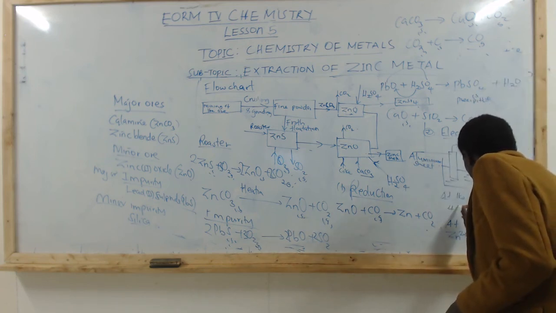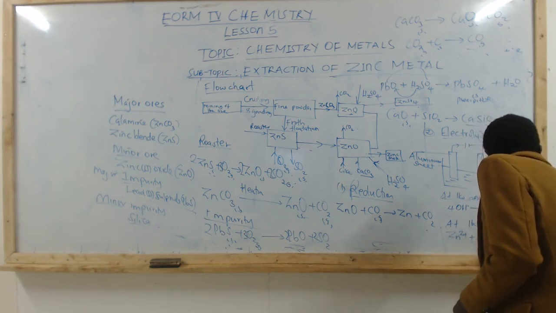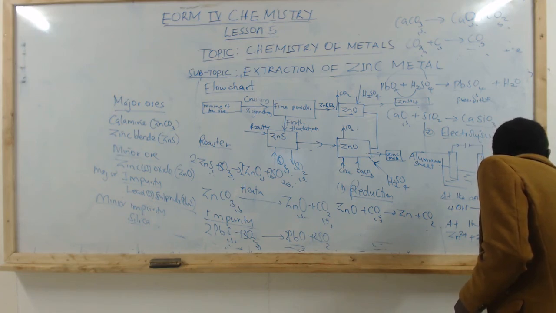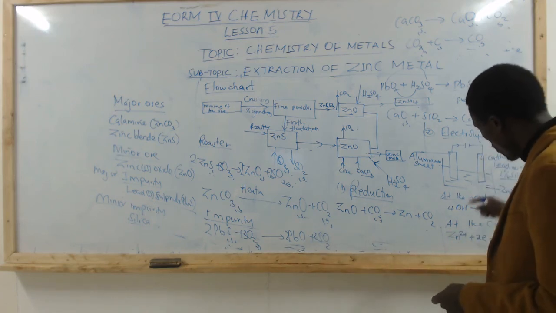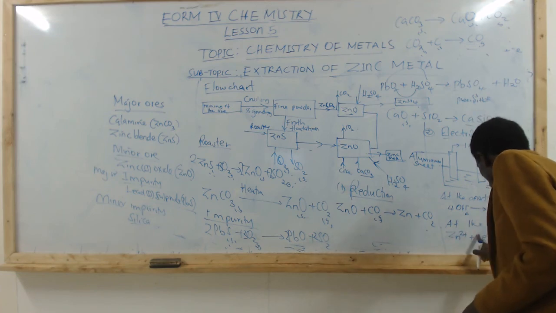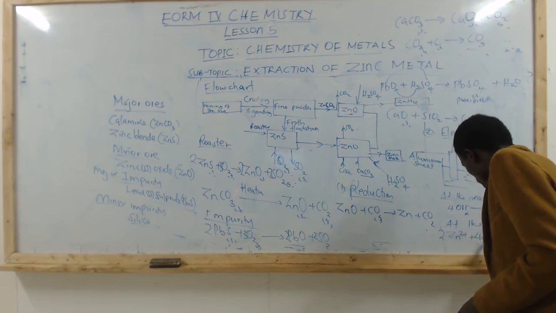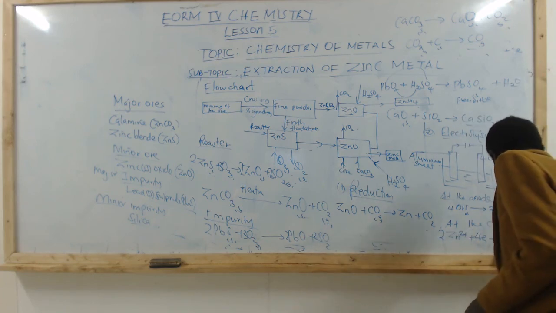So hydroxide ion, 4 moles, will be preferentially discharged to form oxygen and water with 4 moles of electrons. To balance this, we must change this one to be 4 and then here to be 2, so that we have 2 by this to give us 4 electrons. Then we can balance by having 2.